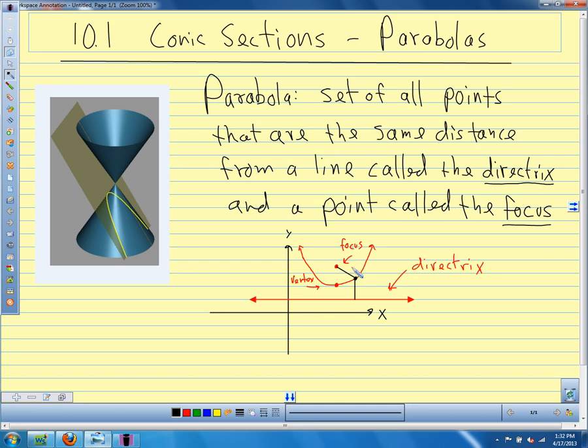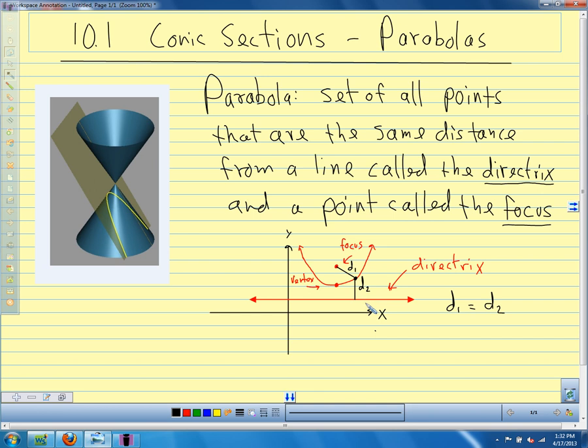So if we call this D1, the length of that segment, and we call this D2, D1 equals D2, anywhere on the parabola. No matter where I put that point, if I draw a segment to the focus and a segment straight to the directrix, the lengths of those two segments are equal. So that's how we're going to define our parabola.